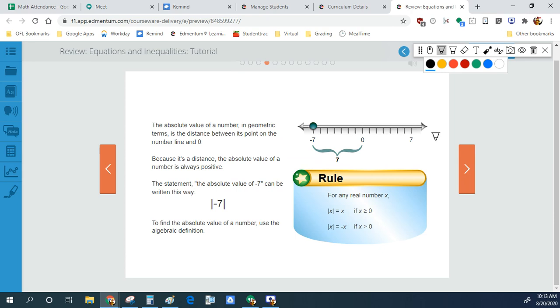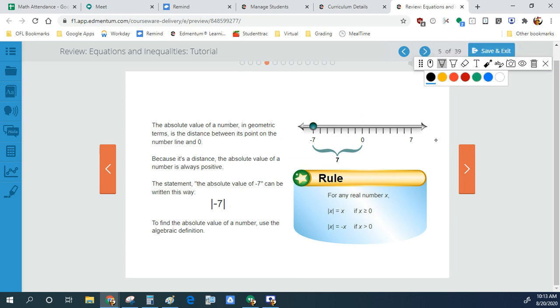So usually, when we use absolute value, we're usually talking about distance. The negative in this case is just talking about the position. If you walk this way, you're walking to the right. If you walk this way, you're walking to the left. How do you show that in numbers? Well, you show that in numbers by putting a negative. But if you're talking about how far you traveled, that's your absolute value. All right.